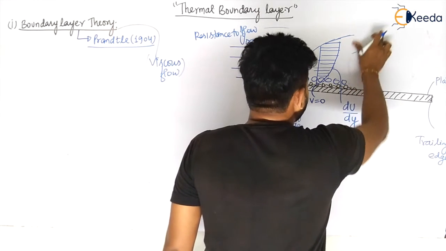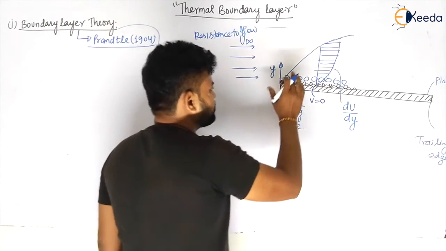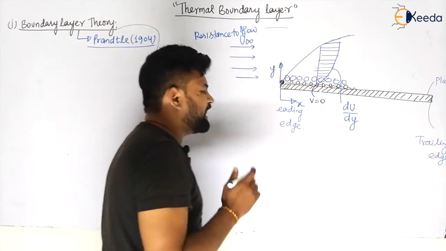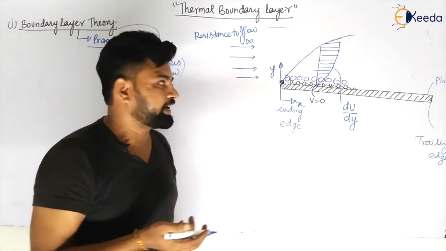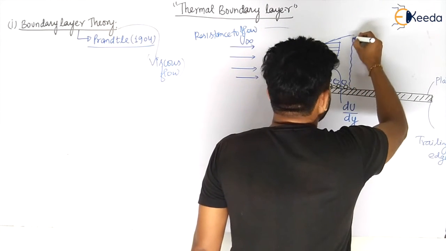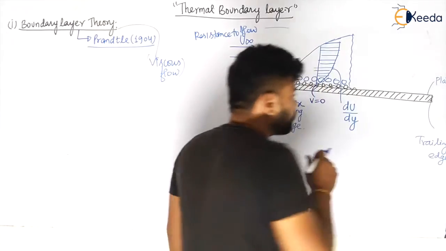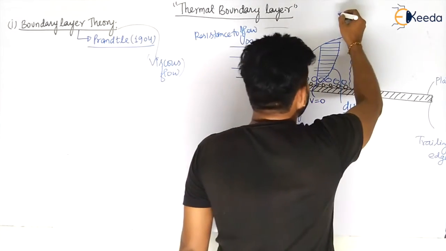So what will happen? First of all, there will be some laminar flow, but after some distance x, my dear students, this laminar flow will start diminishing, because the area will try to increase.